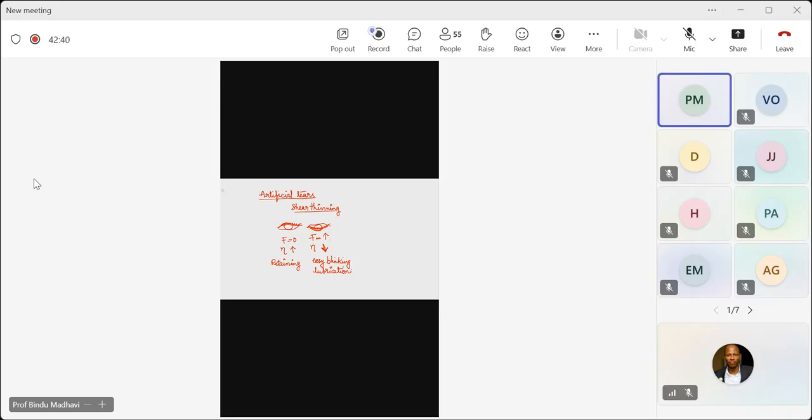So now, when preparing artificial tears, we are just looking at the rheological behavior of different polymers: dextran, polyvinyl alcohol, hyaluronic acid, and alginate. So just on a comparative basis, which of them is going to have proper pseudoplastic thinning so that they will be suitable to prepare the artificial tears.